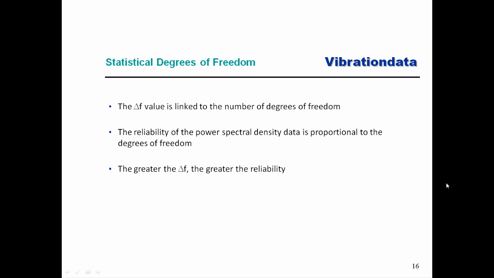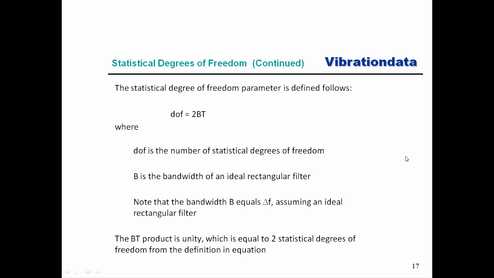So that has to do with the confidence intervals. And it turns out that the greater we make our delta F, the greater the reliability. What we'll see later on is that the wider delta F is, the more it tends to smooth out the power spectral density data. And when we smooth out the data, we get a more reliable estimate of what the PSD level is within a band. More about that coming up in the next couple of slides.